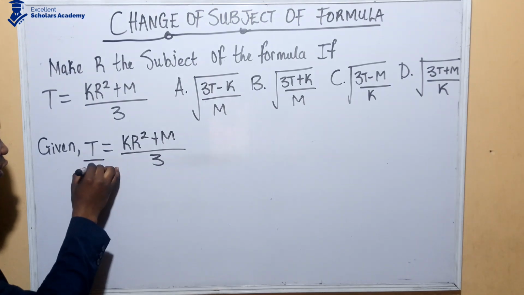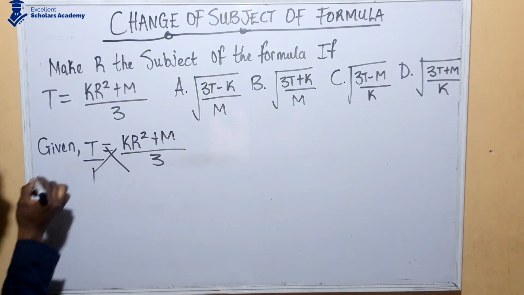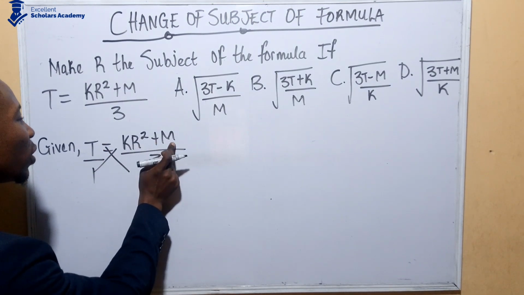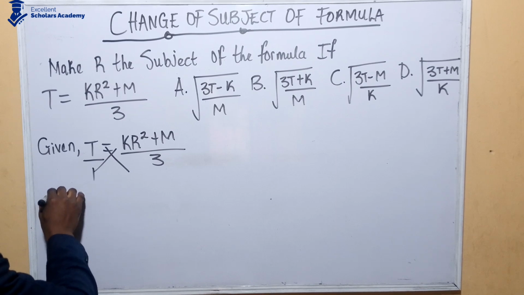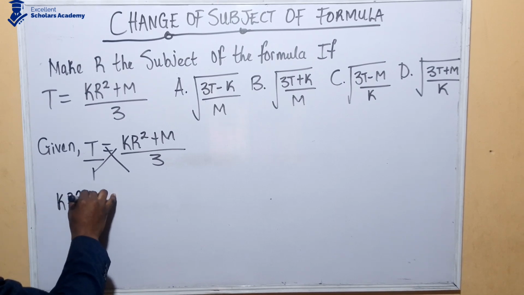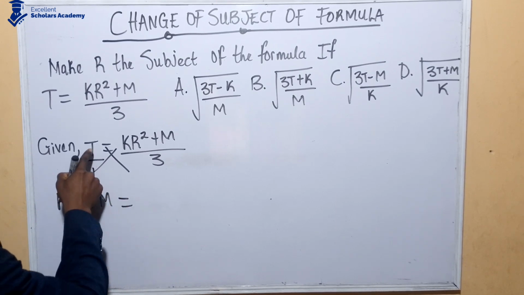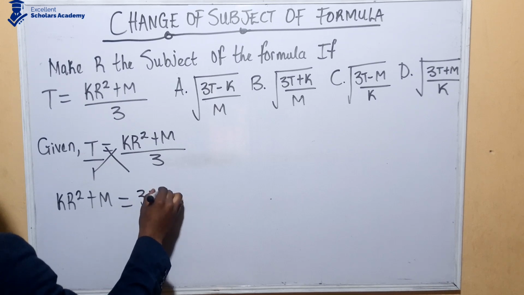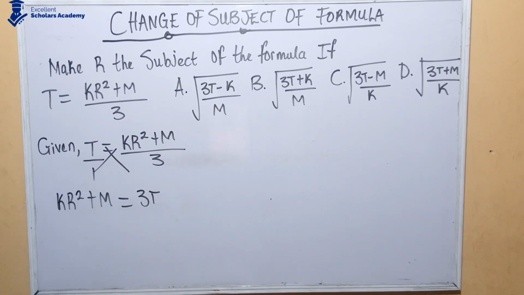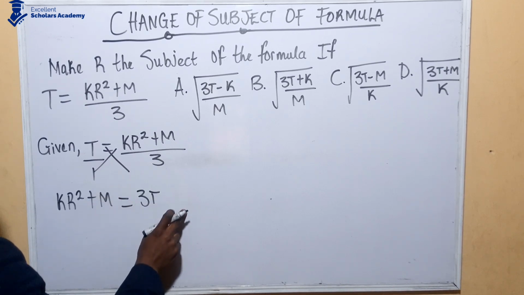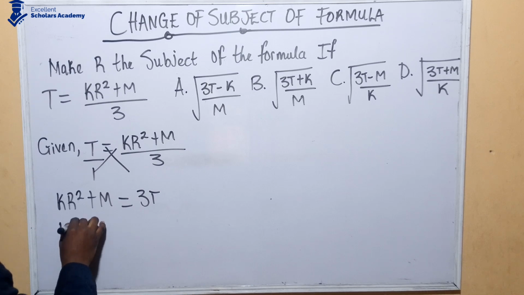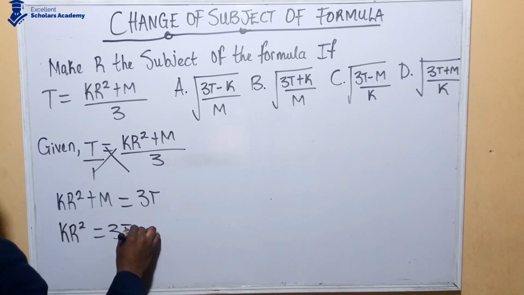So you can just put over 1 here and then cross multiply. kr squared plus m times 1, of course, still gives us kr squared plus m is equal to C times 3, that gives us 3C. Now, take plus m to this side, it becomes kr squared is equal to 3C minus m.